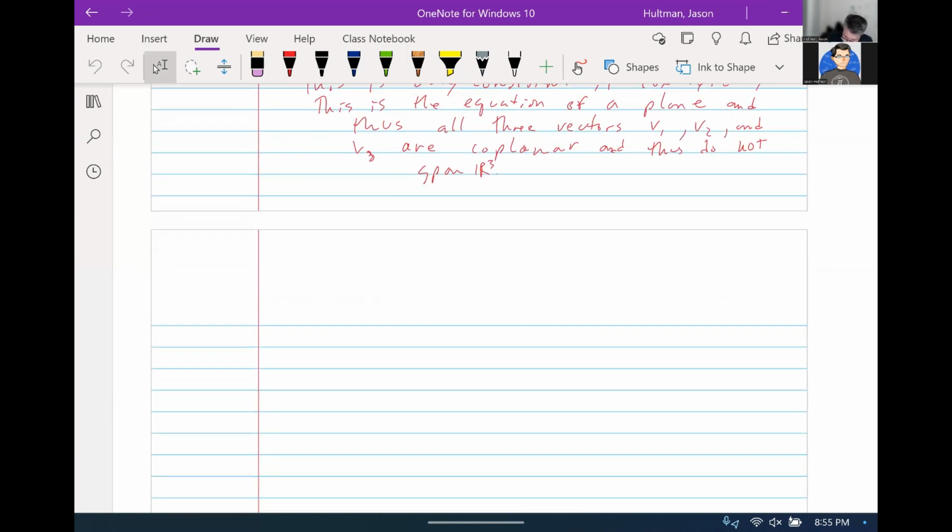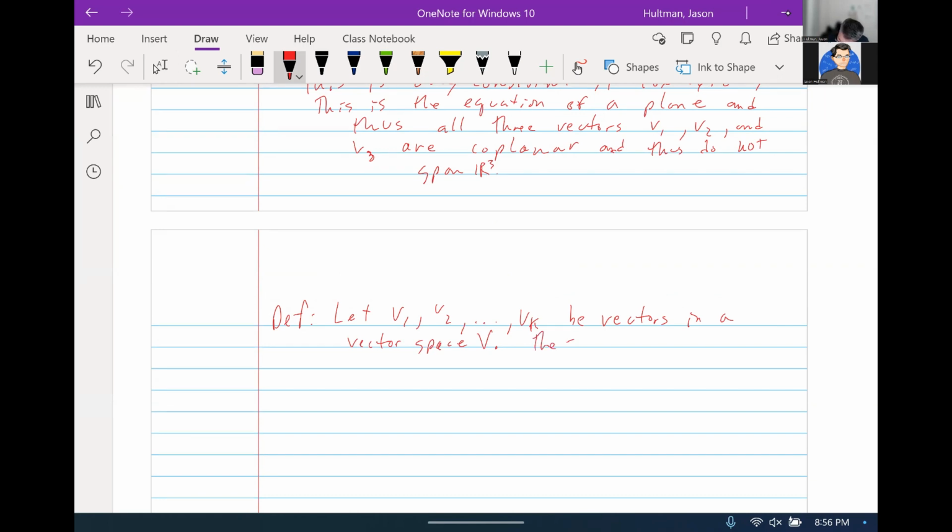Okay. Definition. Okay, let v1, v2, ..., vk be vectors in a vector space V. Okay.